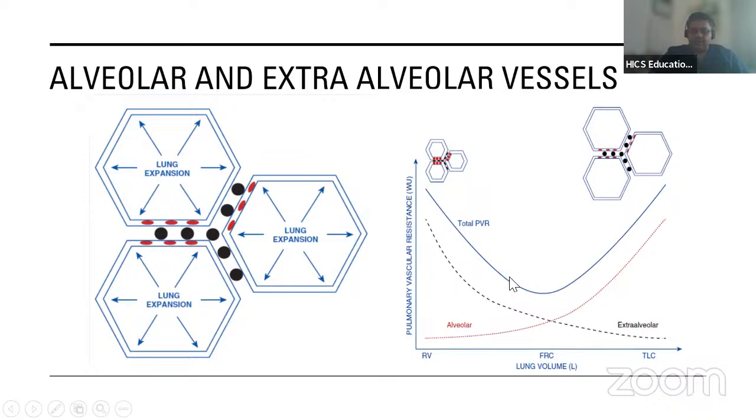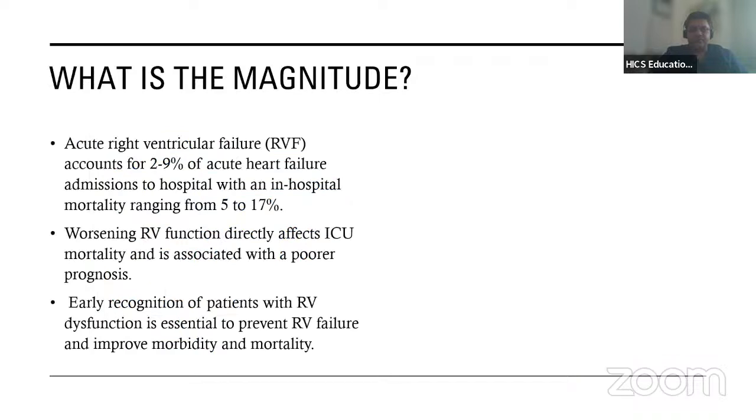But the best point of optimization of vascular resistance is at functional residual capacity. So this is what we tend to optimize among patients with ARDS, by optimizing the FRC so that the pulmonary vascular resistance does not become bad. Operating at this point of the PVR curve is what determines lung protective and right ventricular protective ventilatory strategies.